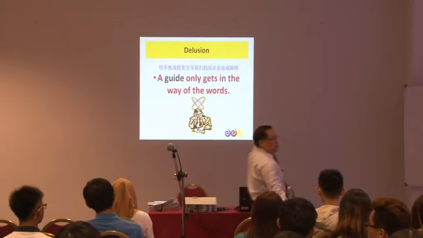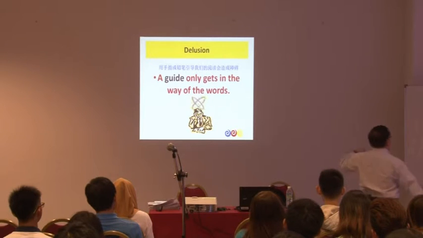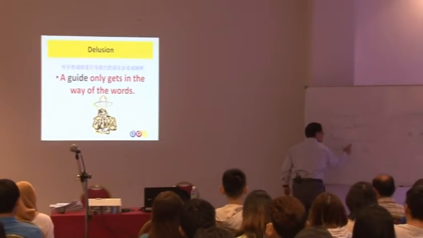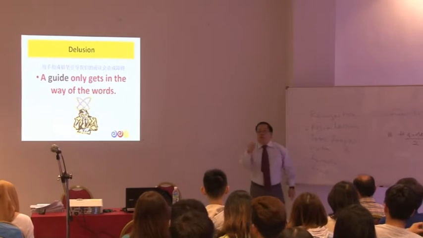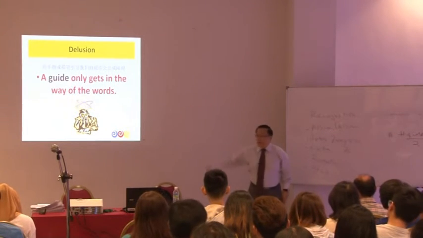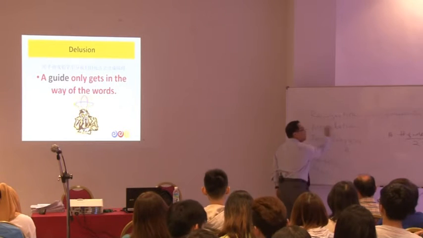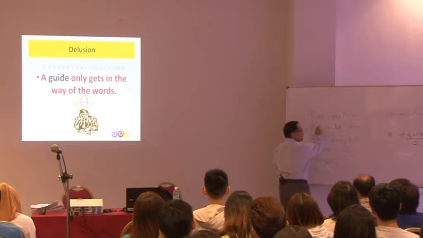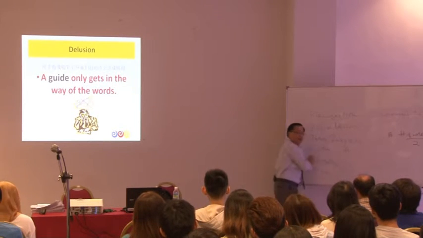Now, you're all following this one? A guide gets in the way. So what this delusion is trying to say is that if I use my guide or a pen or whatever it is, a pointer or whatever, it will then get in the way of the words. It will block me from reading faster.